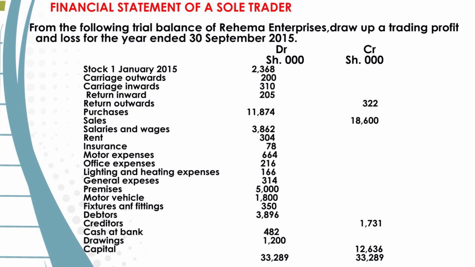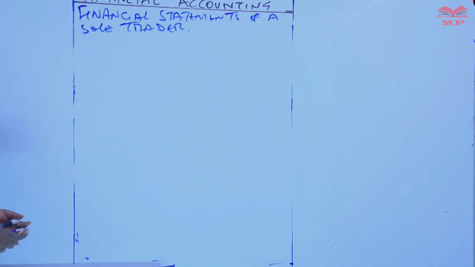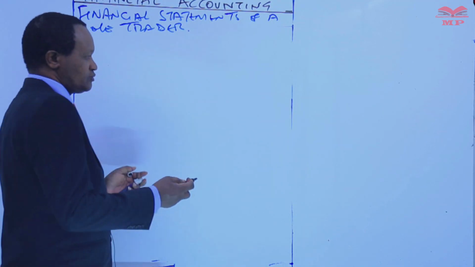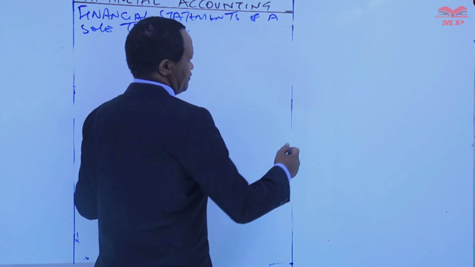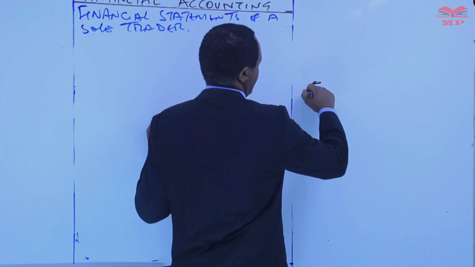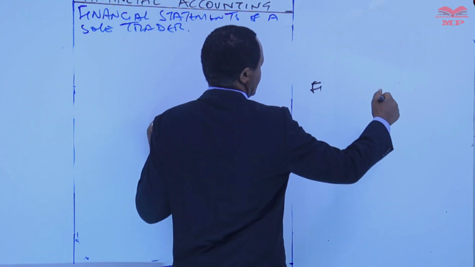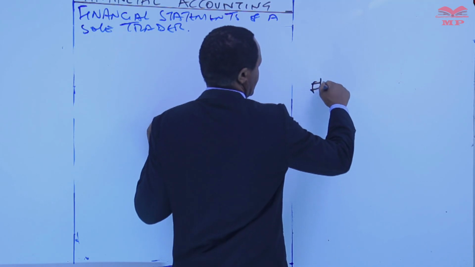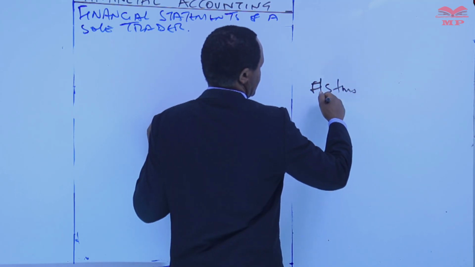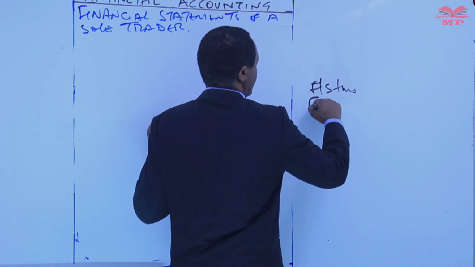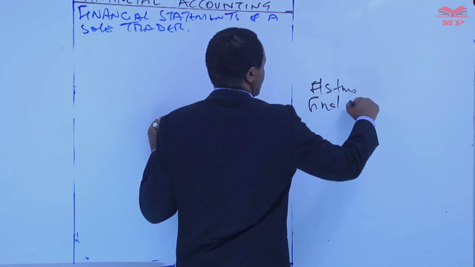You can see, candidates, we are to draw the final accounts. Look at the board. We are to draw the final financial statements, which we said are also known as final accounts.